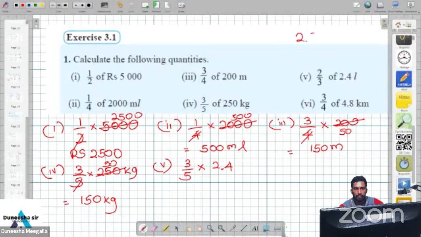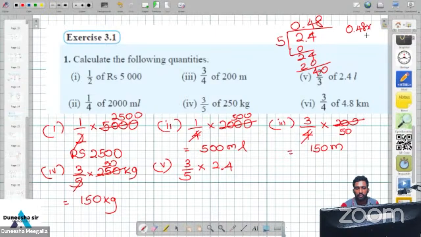2.4 have to divide by 5. 0, 0, 24, 2.4. Then it's how many? 4, 5 is 20, 40. 40. How much? 0.48.